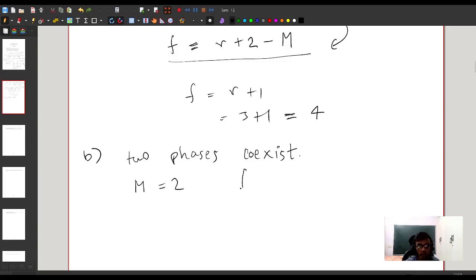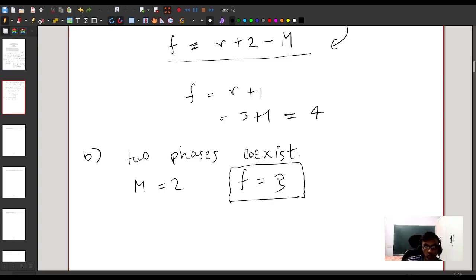Then the number of degrees of freedom will be 3, since we have three components. So we have a three-dimensional manifold or region in which two phases can coexist.